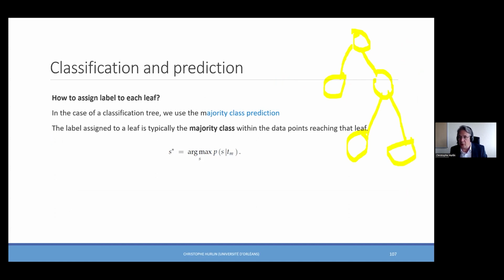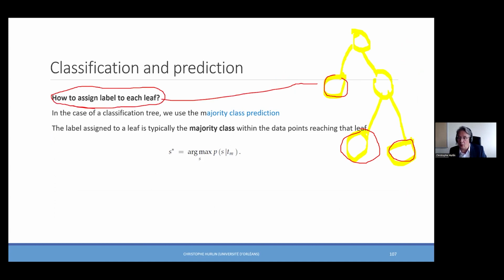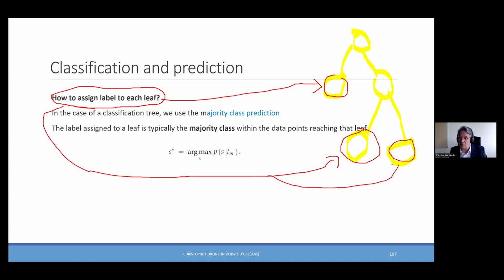So we have a final leaf, final node, terminal node or leaf, whatever. And so now we have to assign a label to each leaf. So what is the value of y if my individual is here, or here, or here, okay?